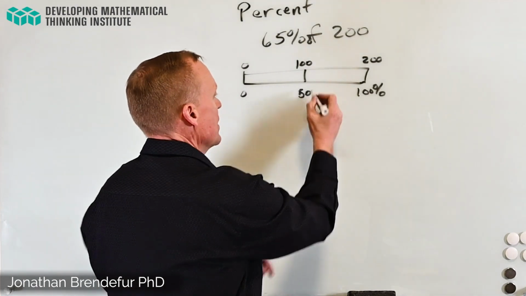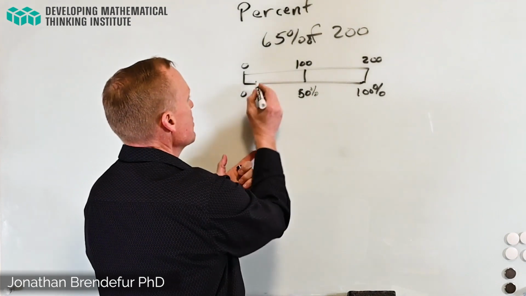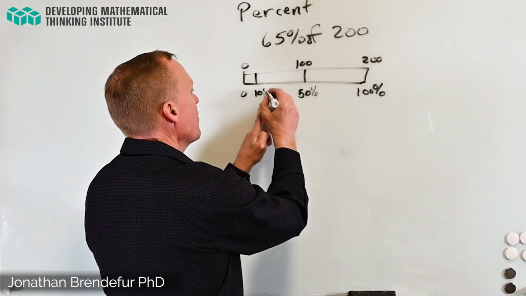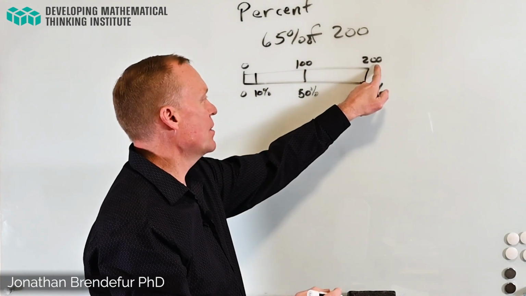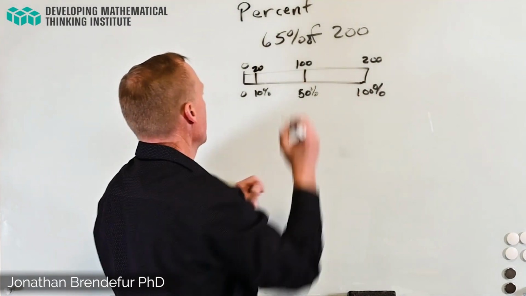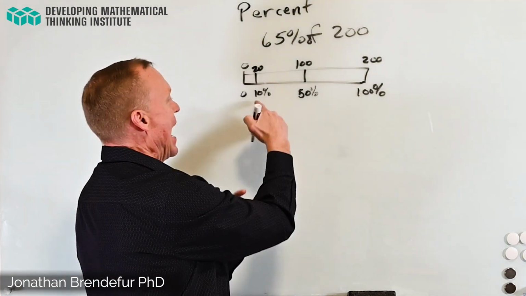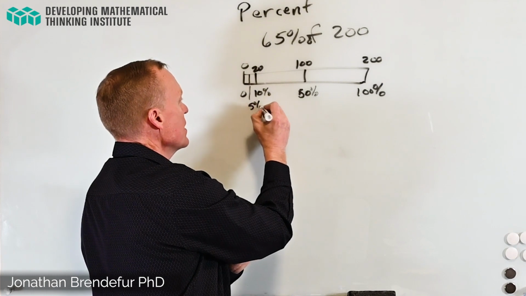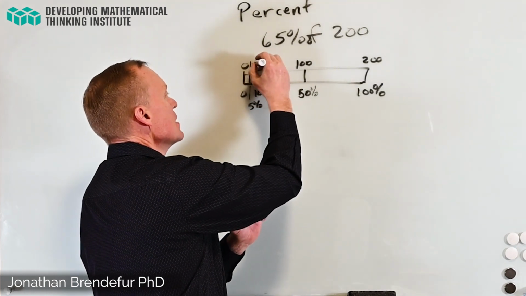But if we have 50%, I'm going to go down to 10%. Why 10%? Because it's a lot easier to focus on 10% of 200, which is 20. Just that place value. But then half of 10% is right down here, 5%. Half of 20 is 10.